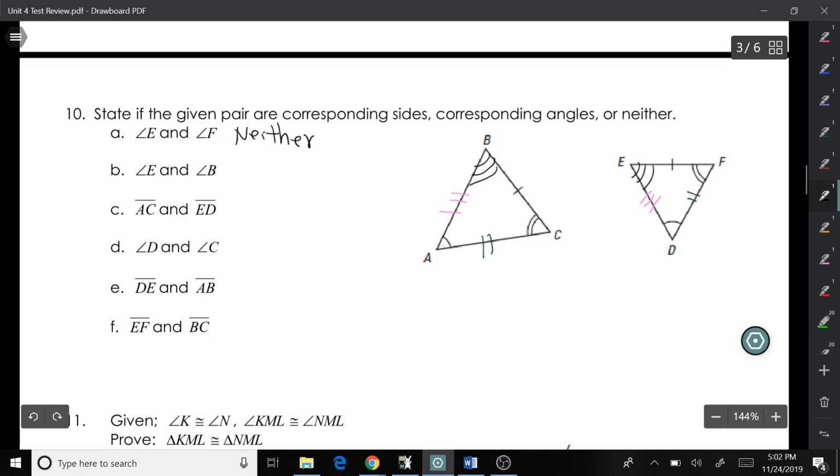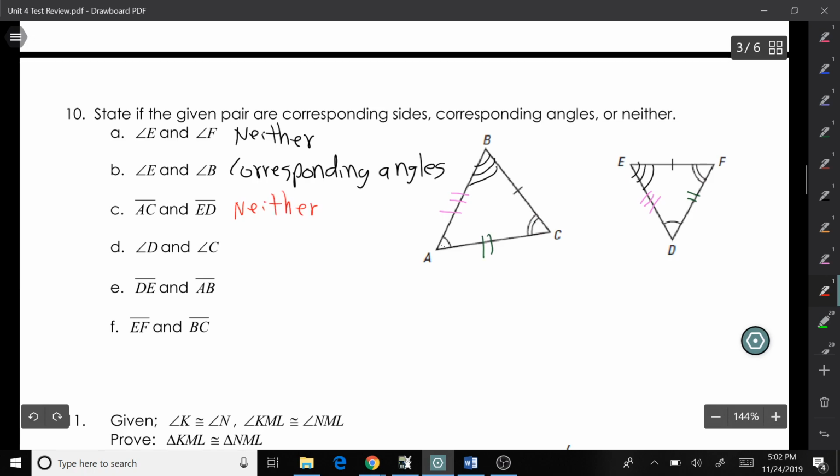Angle E and angle B. Angle E and B both have 3 markings, so they are corresponding angles. Side AC and ED. Okay, so AC has 2 markings, 2 tick marks on the side, and ED only has 1, so this is neither.